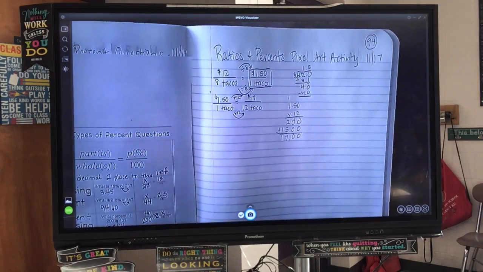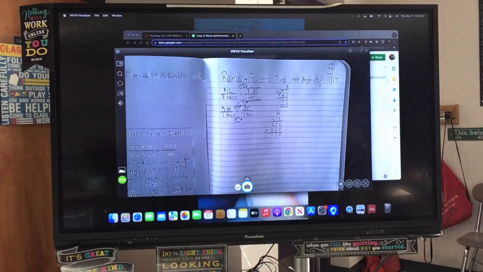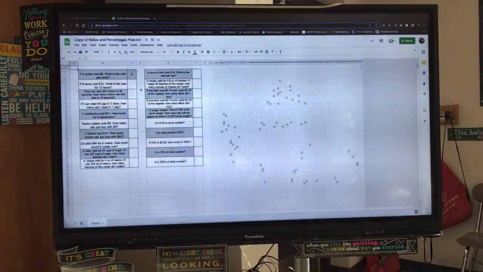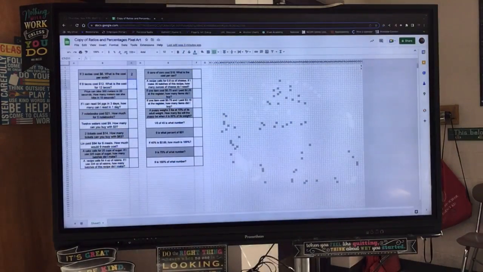So if I did this correctly, when I put my answer in right here in this box, we should get a new color over here. So did it add any colors? I didn't.